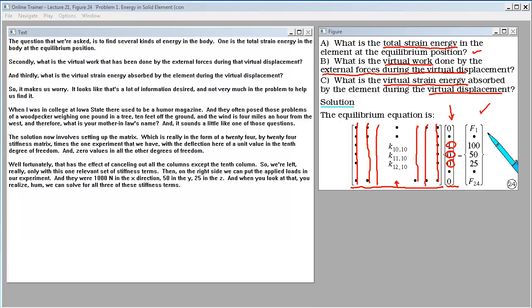Then on the right side we can put the applied loads in our experiment, and they were 100 newtons in the x direction, 50 in the y, 25 in the z. And when you look at that, you realize we can solve for all 3 of these stiffness terms.